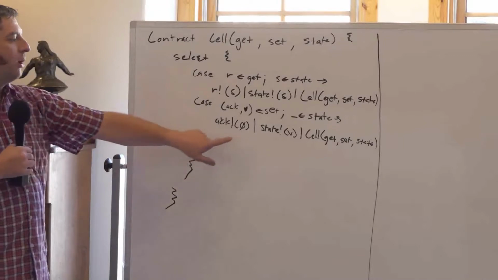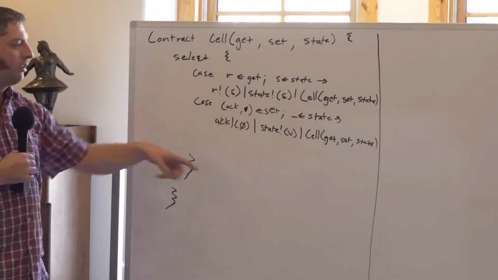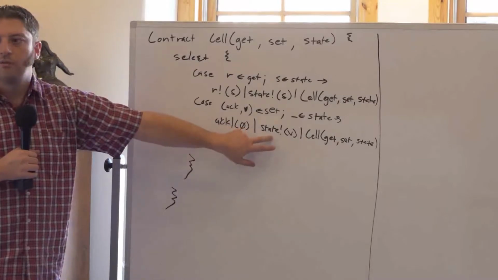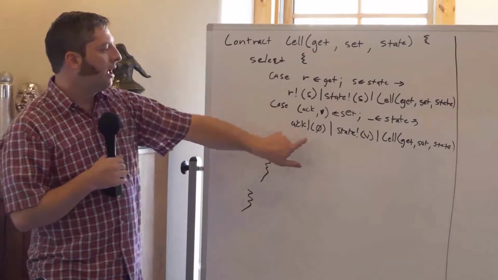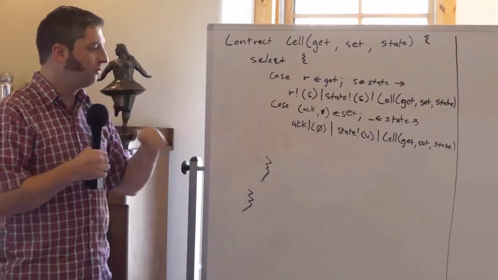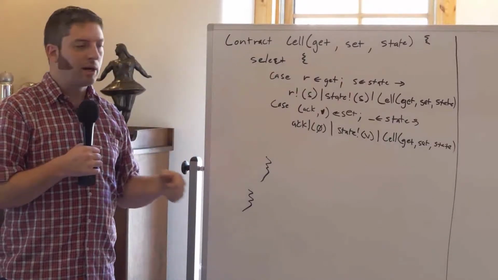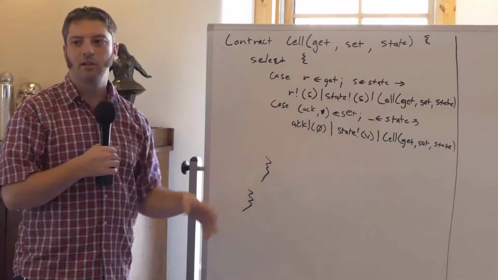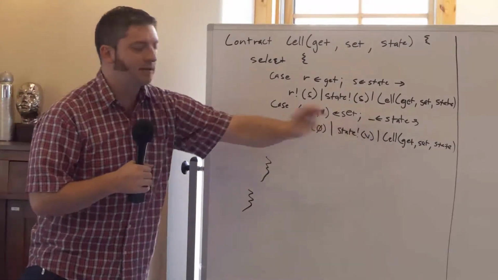When you go to read a value from the state, if you wait on act, then you know that this has happened. The old state has been removed when you get the act, and that is the most important part. It doesn't matter if you read the act first and then it goes in, or it goes in and then you get the act. That's fine, as long as this has occurred already.